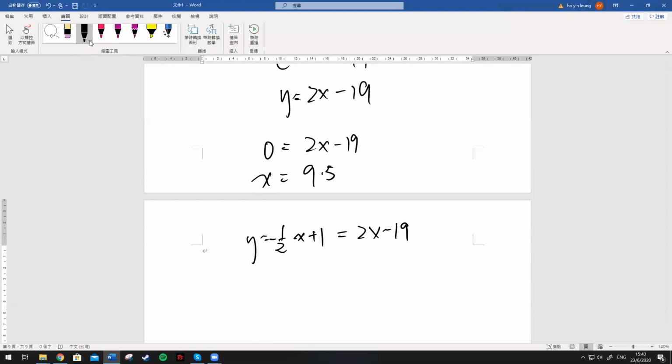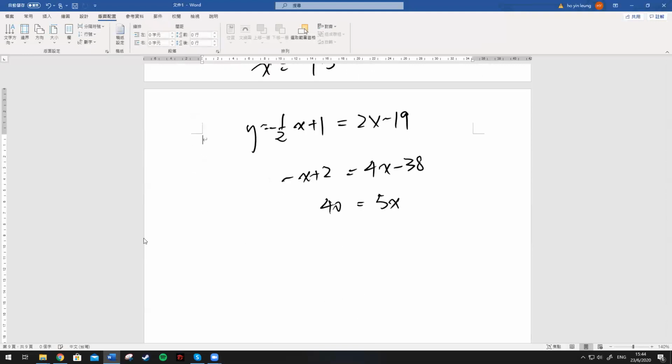Let's multiply both sides by 2. So you get negative x plus 2 equals 4x minus 38. Adding 38 to the right-hand side gives you 40, and then this will be 5x. So x is equal to 8.